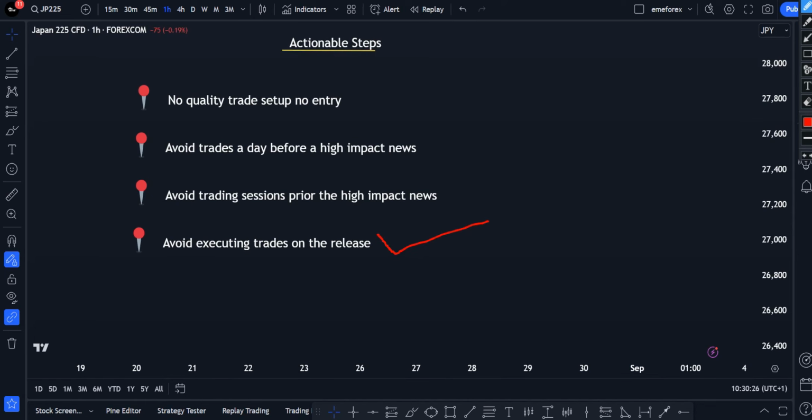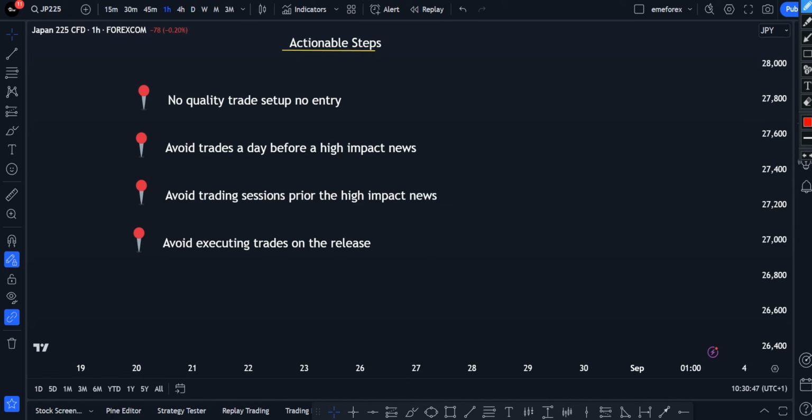Then the last important thing on my list here is I want to avoid trying to execute trades right on the release. Now I want to possibly take my trade positions a few minutes before the release or a few minutes afterwards when I know that the market is much settled for me to be able to get my entry.